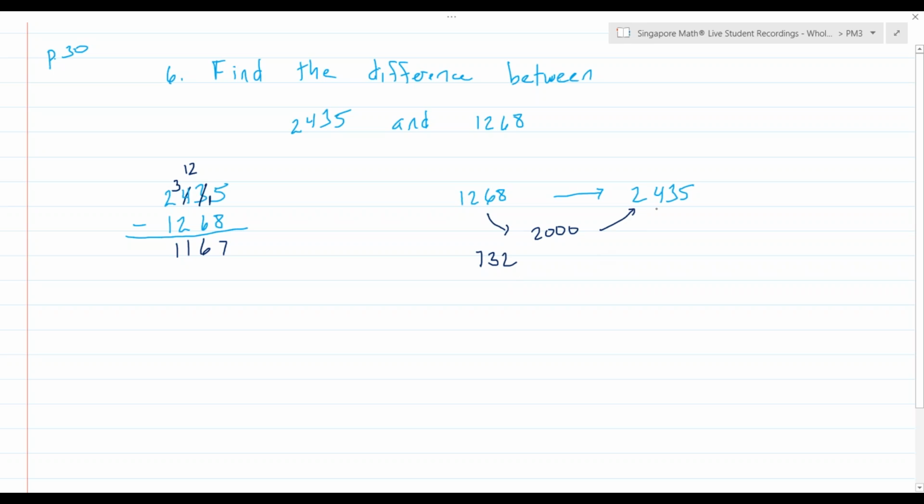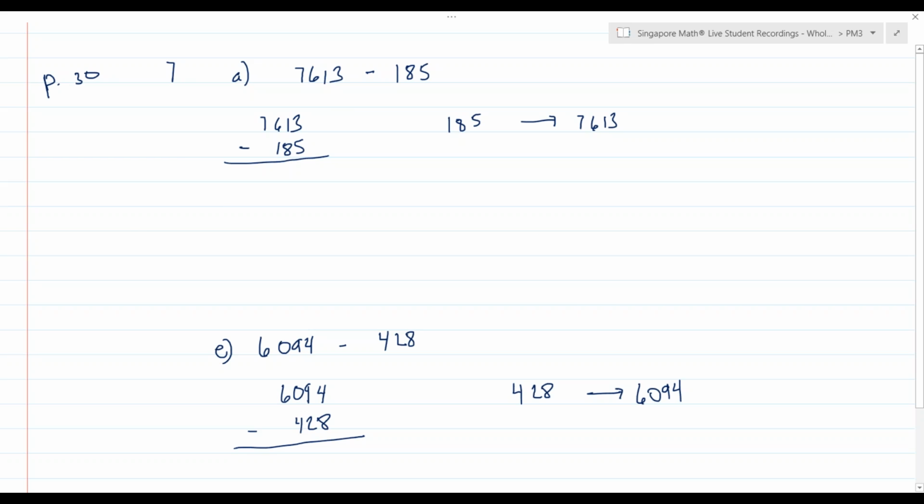And then from 2,000 to 2,435, that's 435, and then I have to do an addition problem. That's going to give me 1,167. Not surprisingly, I get the same answer. Either way works just fine.